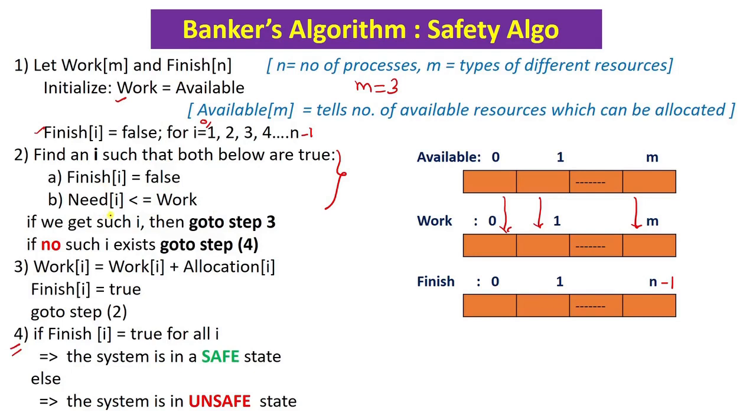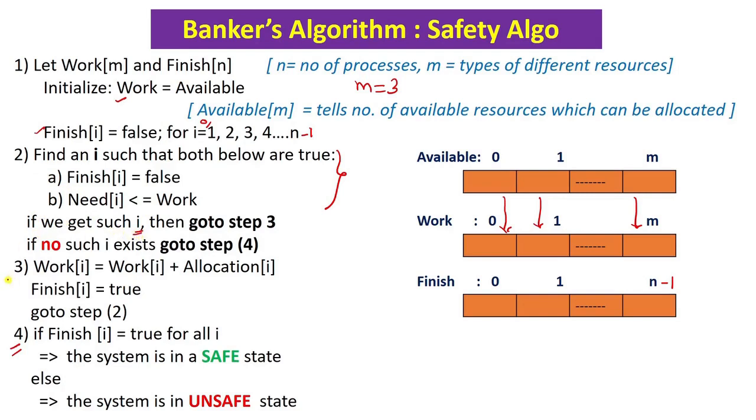So if that process is asking for resources equal to or lesser than the available resources, that is, need is less than or equal to work, and that process is not completed as of now, then we say we have found the index of that process.